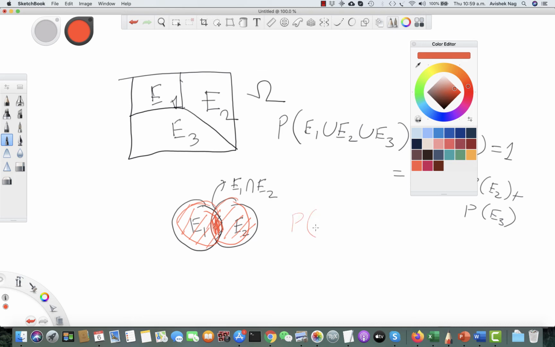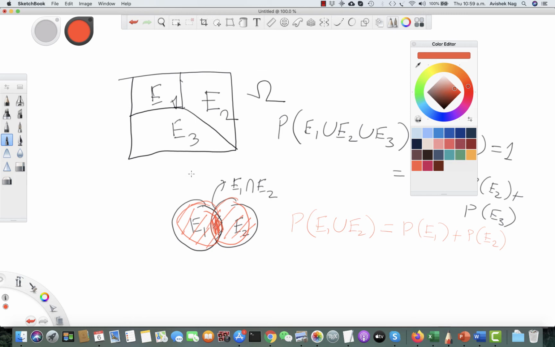Probability of E1 union E2 is this entire red shaded area, and you can see that if you sum the individual probabilities P of E1 plus P of E2, then you end up adding this shaded area twice.